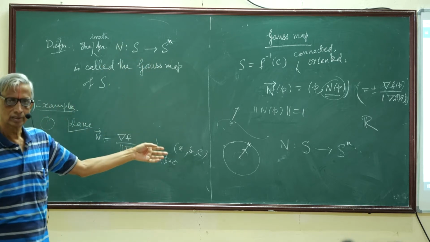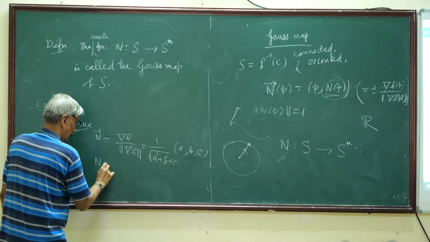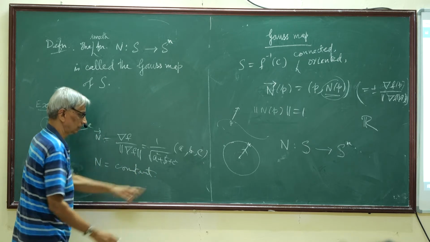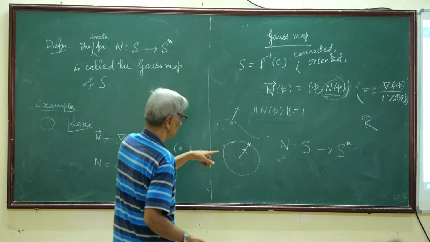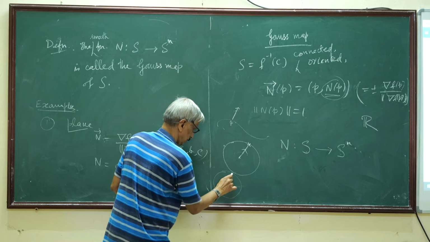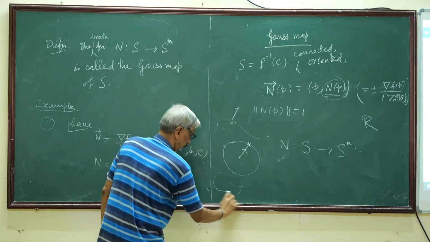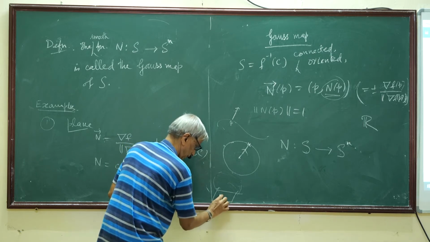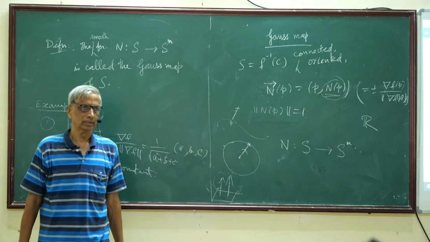At every point it is the same. So n is a constant, namely this. So you just get the same point on the sphere for every point in the plane. Same normal vector at every point.